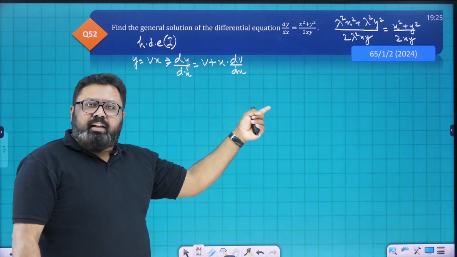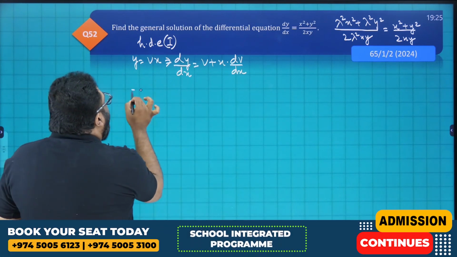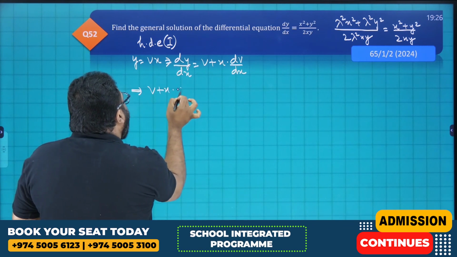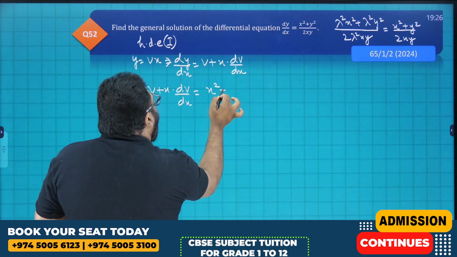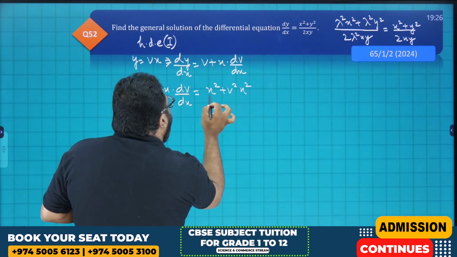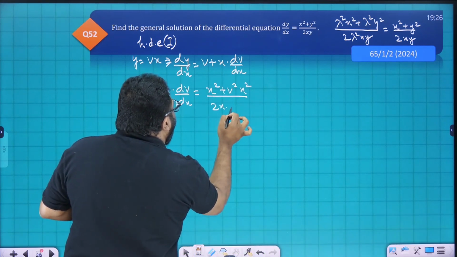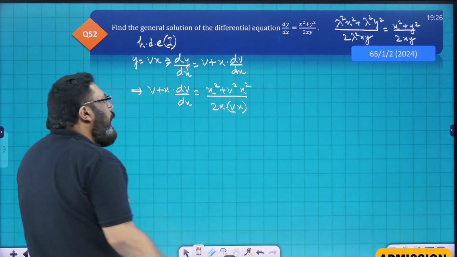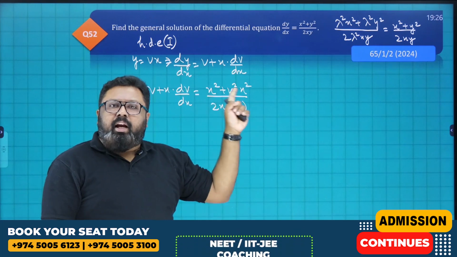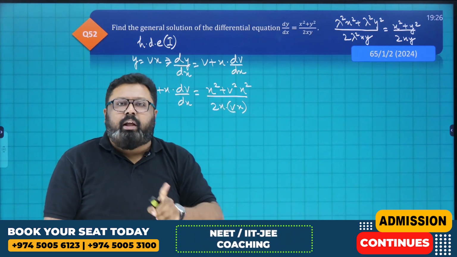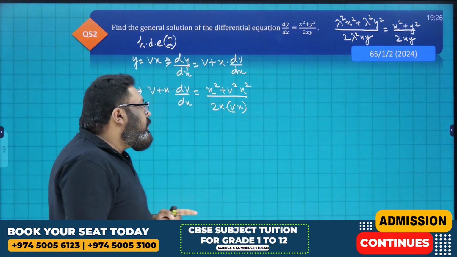It's very easy to memorize these substitutions. So that implies v plus x into dv by dx is equal to x squared plus v squared x squared by 2x into vx. I told you the substitutions are done to make the right side a function of v only. No x, x will cancel off.